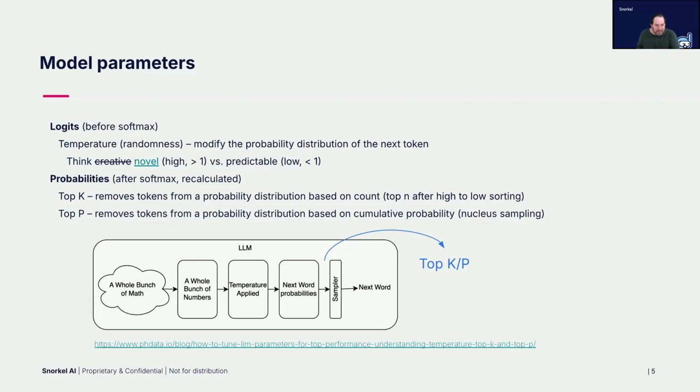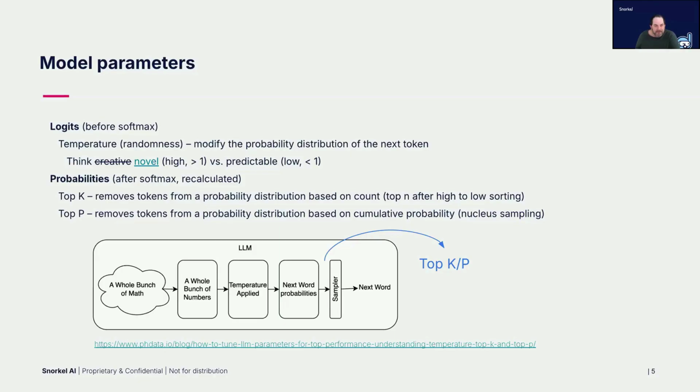And I added this diagram, which I found in a blog, which I really love, because as much as I like to go into it, it's kind of true, right? There's a whole bunch of math going on throughout all these layers. And then you get a whole bunch of numbers, which are generally vectors. But what I did want to use this for is to explain that the temperature is applied before the probability distribution.